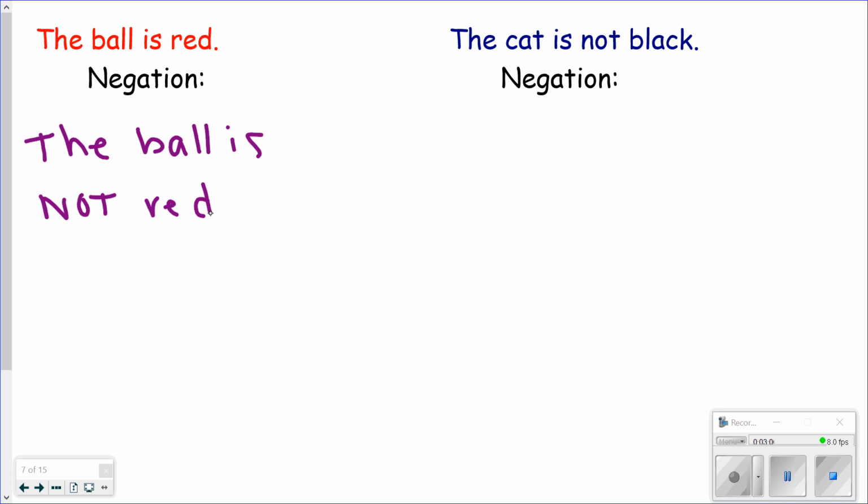The cat is not black. How could I negate this? Well, we could say the cat is black. So the cat is black. So once again, I just negated these sentences. I made it opposite of what it was actually telling me.